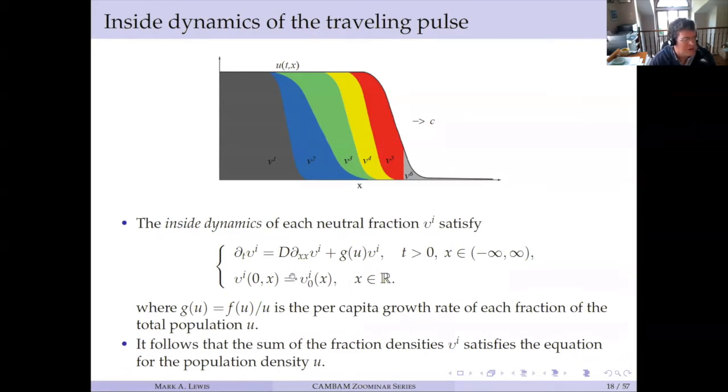This is sort of interesting. This equation is linear in V superscript i, even though it involves the total density U here. And were we to add up all of these equations, we would get back our original Fisher type model, or nonlinear reaction diffusion model.